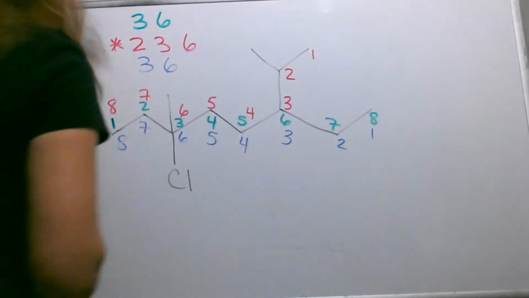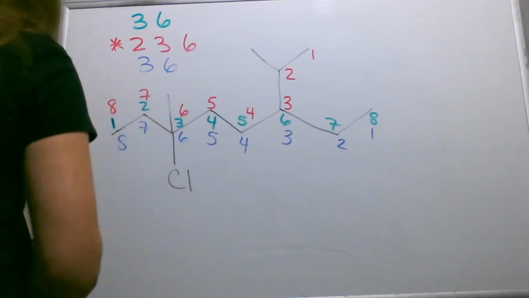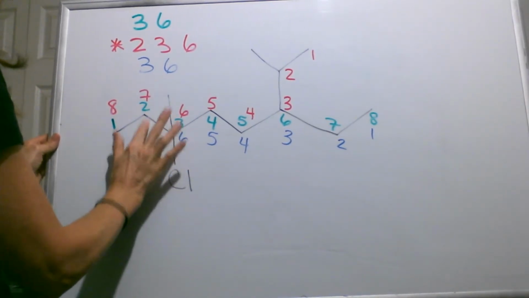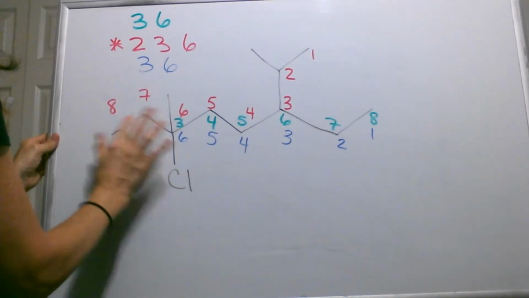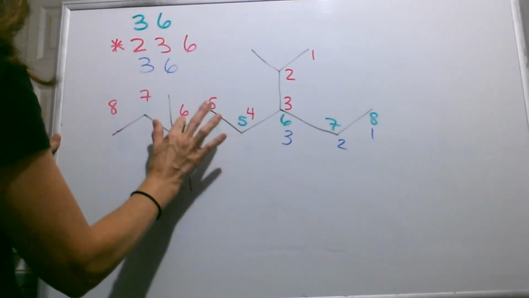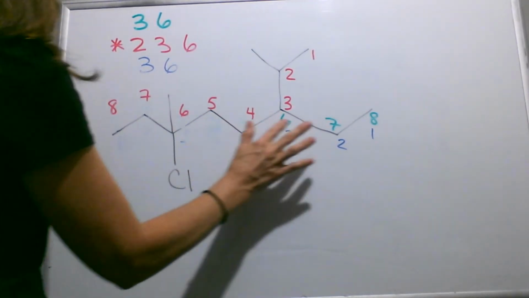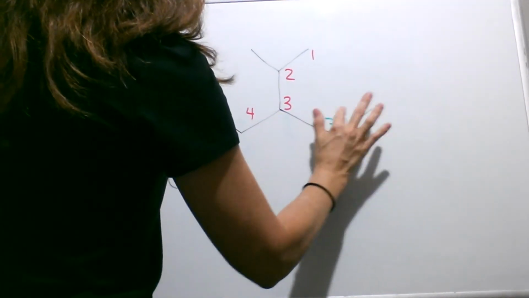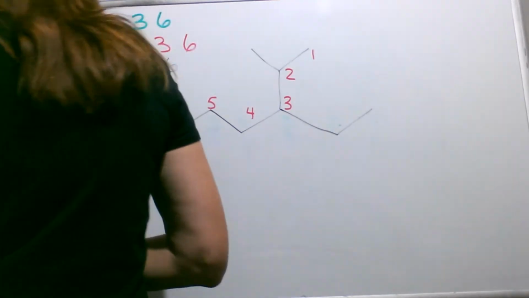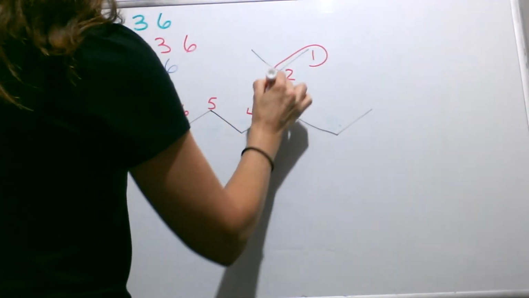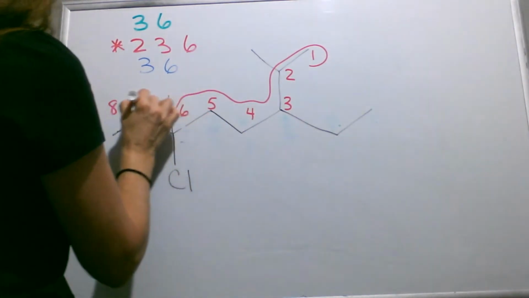So we need to now identify what those substituents are. And so let's get rid of the numbering that we're not using. And again, when you're first learning, actually not when you're first learning at all, it's a good idea to circle the parent chain, because especially on an exam, it is easy to miss something.